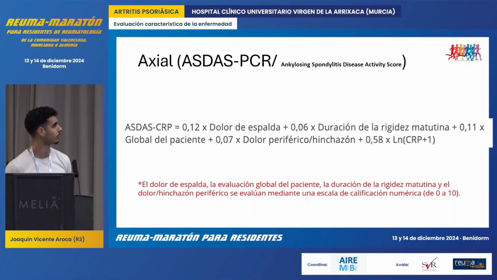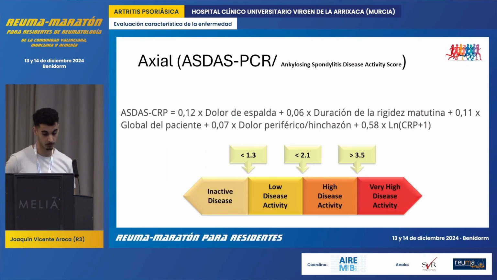Another index also extrapolated from ankylosing spondylitis is the ASDAS-CRP, for which we definitely need a calculator because it involves natural logarithms and such. So let's assess. We need to input 5 data points: back pain on a scale from 0 to 10, the duration of morning stiffness, the patient's global assessment of disease activity, peripheral pain and swelling, and an objective value, which is the CRP.